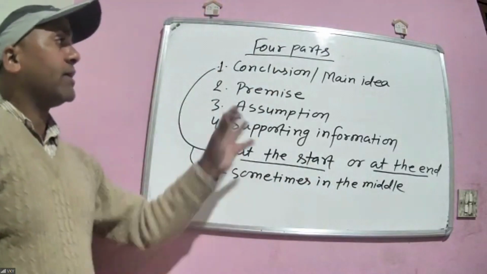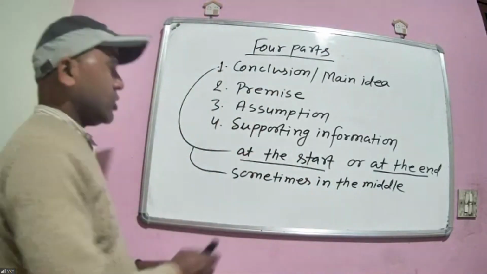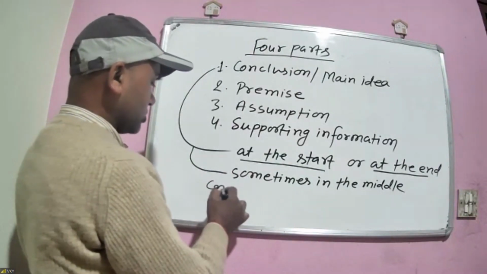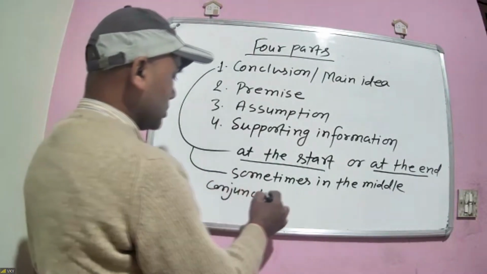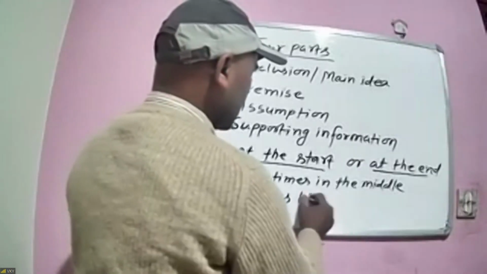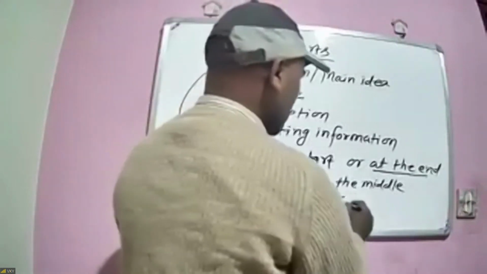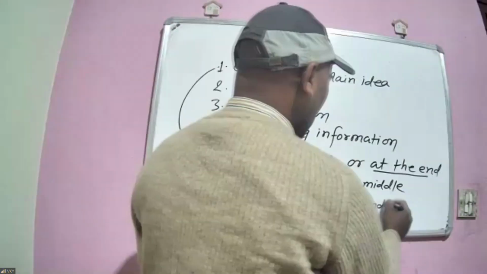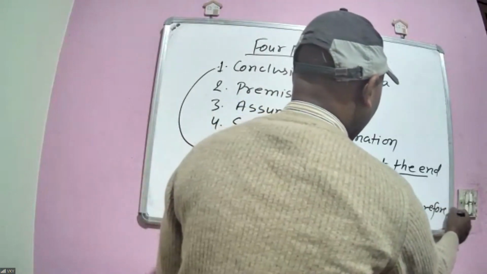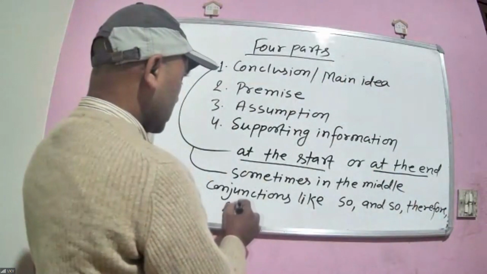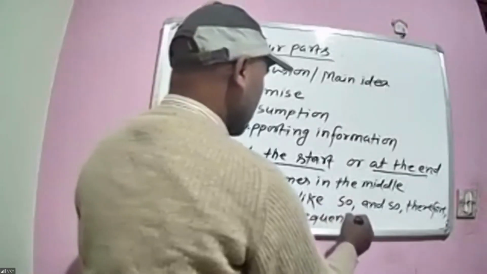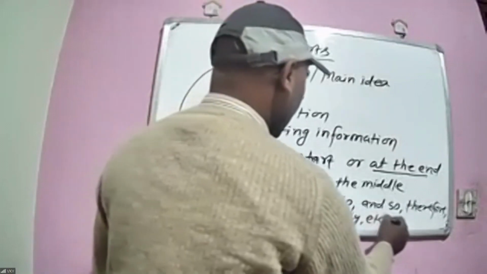Wherever it is given, the conclusion or main idea begins with some conjunctions. You write down: so, and so, therefore, since, consequently, as a result of, etc. These are the connectives.